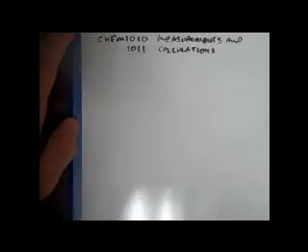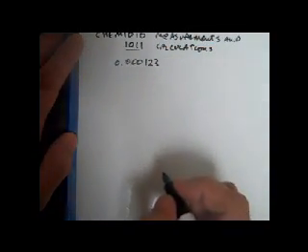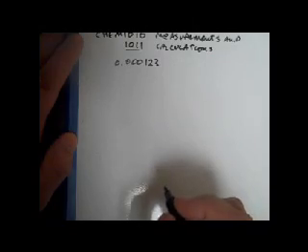Now, here's some things to note here. Suppose you have a number, a measured quantity, that's this. Now this is known as a leading zero.